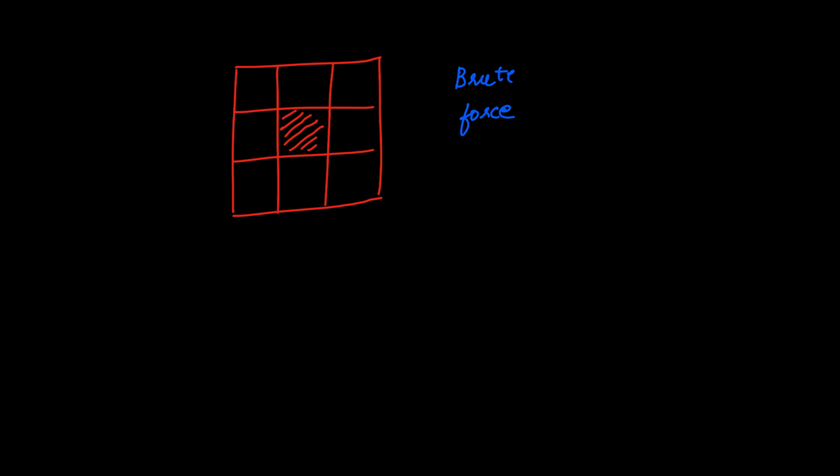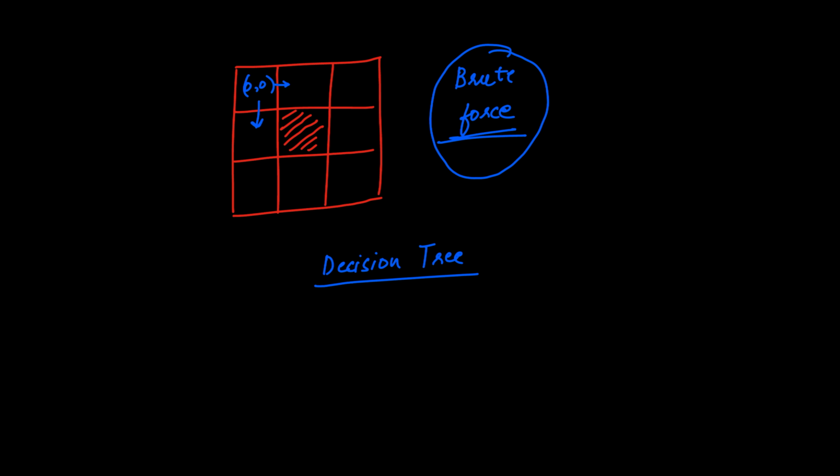Let's start by discussing how we can use the brute force approach to solve this problem. In this approach, the idea is to explore all possible combinations we can build from each cell that can help us reach the last cell in the grid. Considering the first cell, that is 0, 0, we are allowed to go in the downwards direction or towards the right. In other words, we are trying to build a decision tree where the current cell will be the parent with two children.